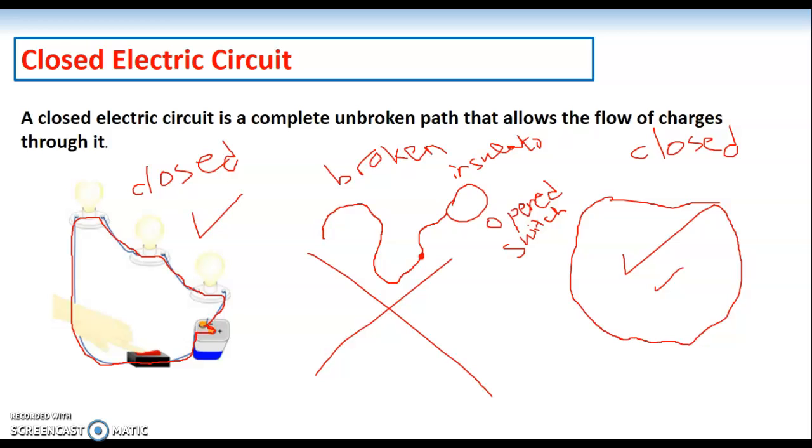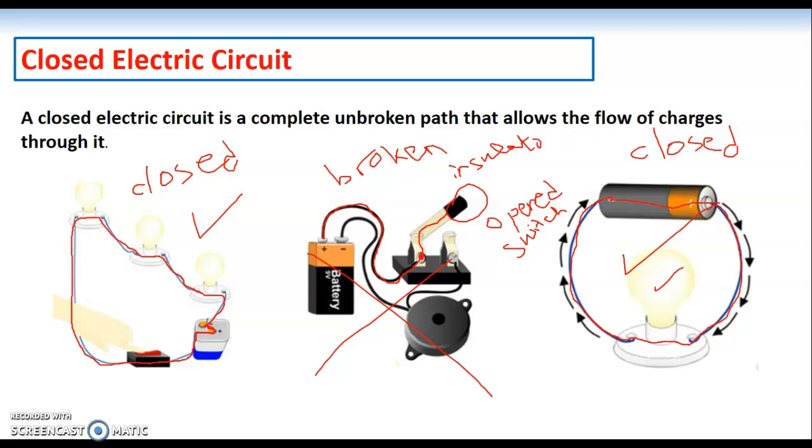Now moving to the concept of closed electric circuit and opened electric circuit. A closed electric circuit is a complete unbroken path that allows the flow of charges through it. This is a closed path. The current comes out of the positive terminal, passes through the closed circuit, closed switch, sorry.